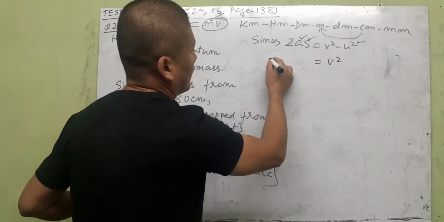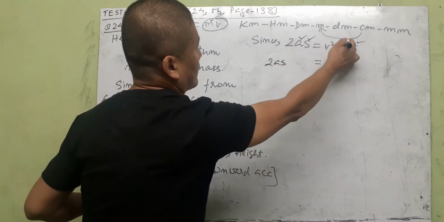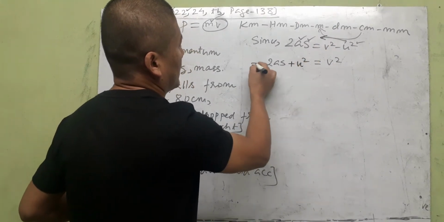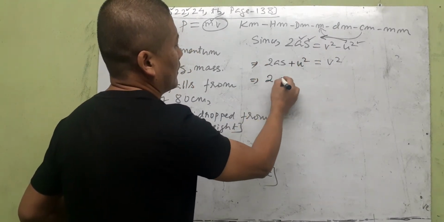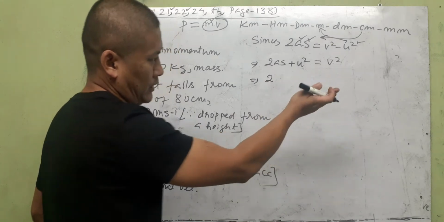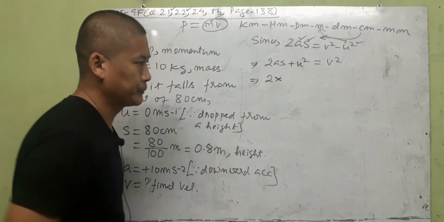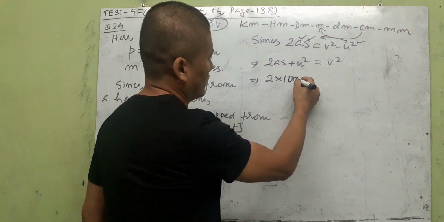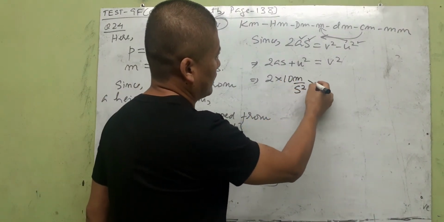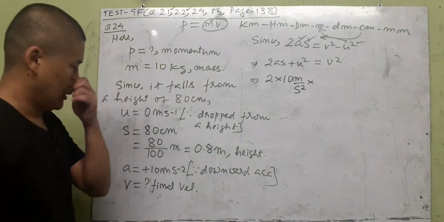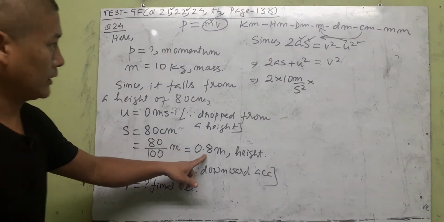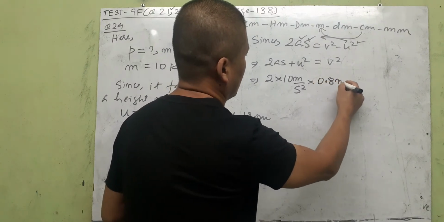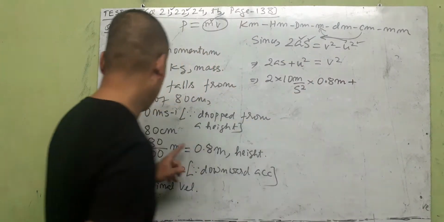V square equal to 2AS, and bring this one to the left side, then minus U square will become plus U square. Then 2A, we can now find out: 2 into A is here 10, so we can just write here 10 meter per second square into distance here, 0.8 meter, plus U 0.